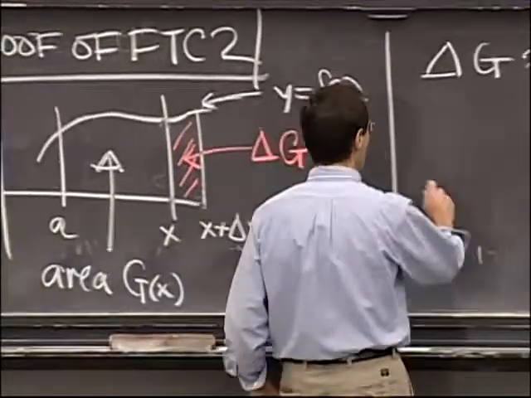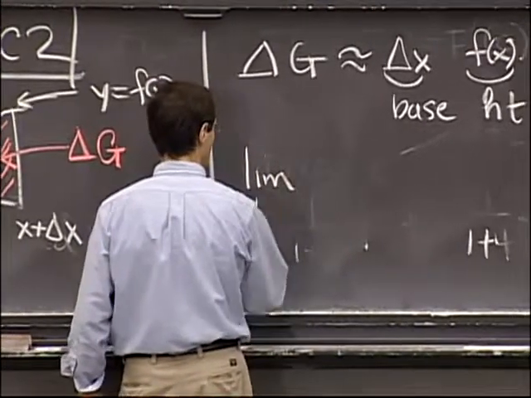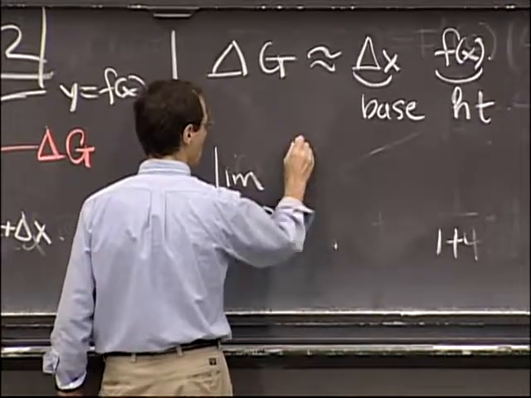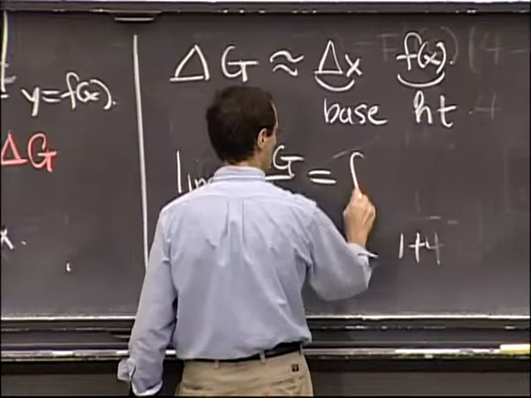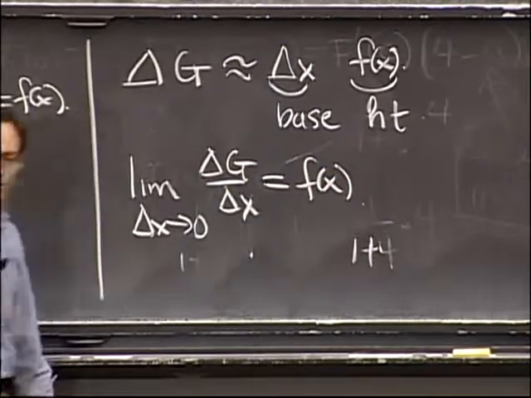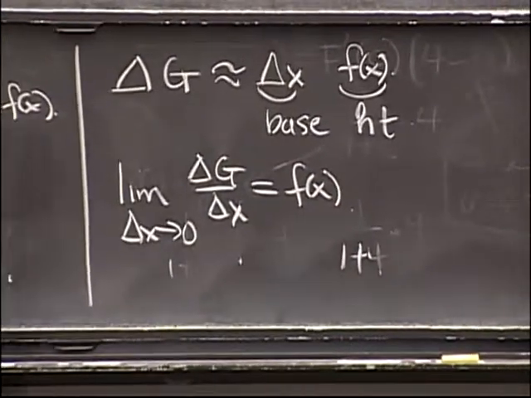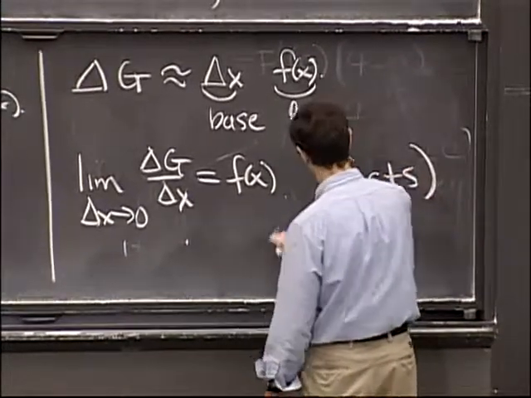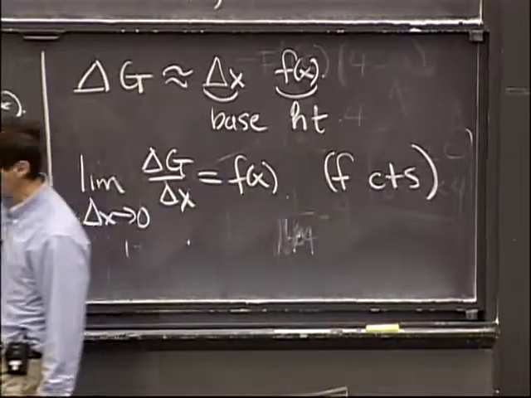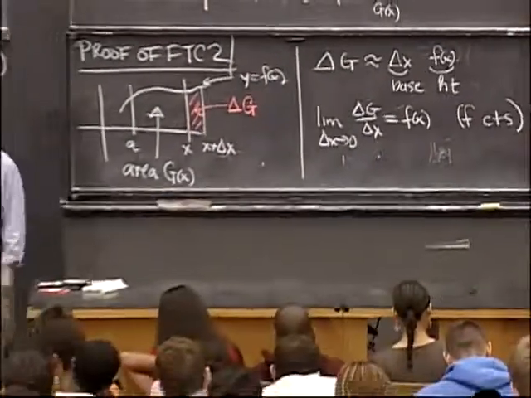So this is f of x, and so really I approximated by that rectangle there. And now if I divide and take the limit as delta x goes to 0 of delta g over delta x, it's going to equal f of x. And this is where I'm using the fact that f is continuous, because I need the values nearby to be similar to the value in the limit.